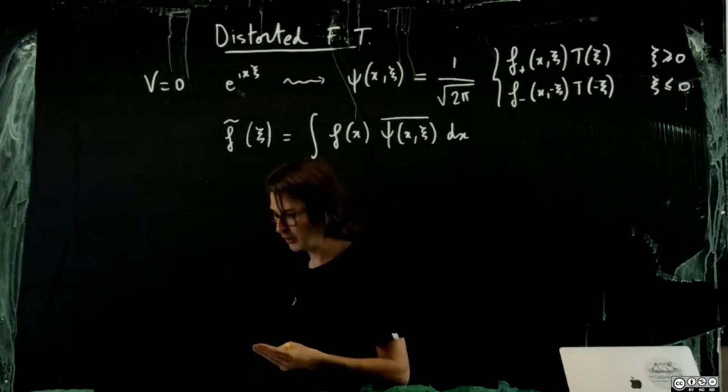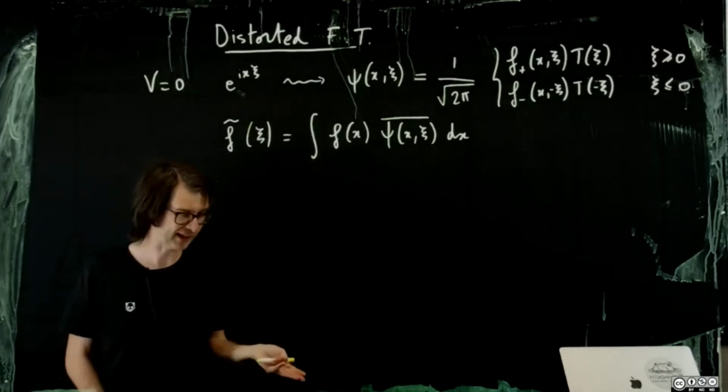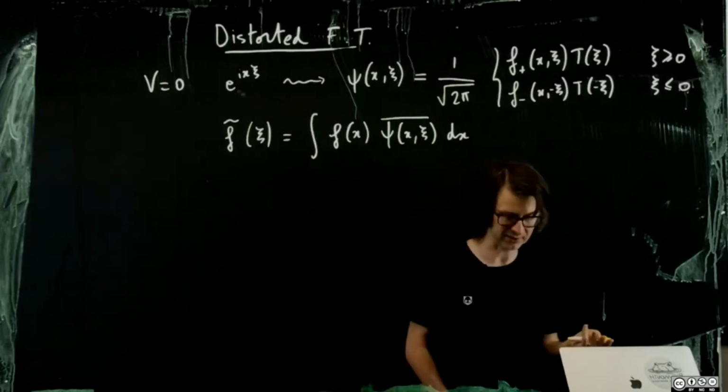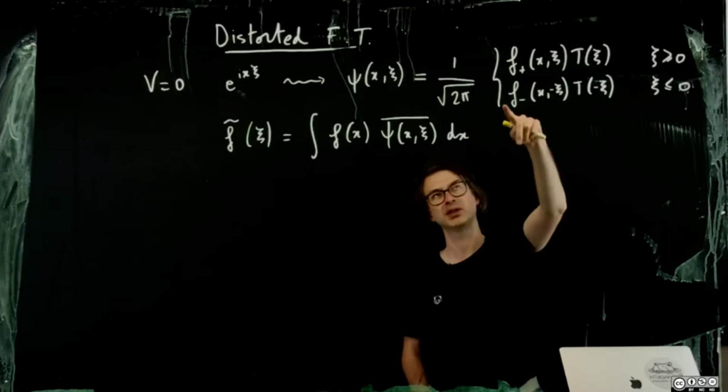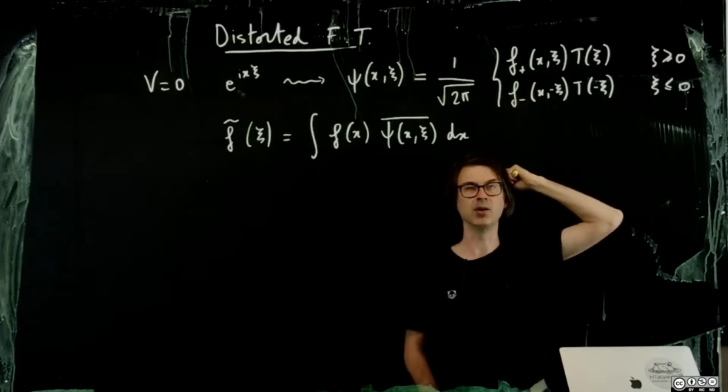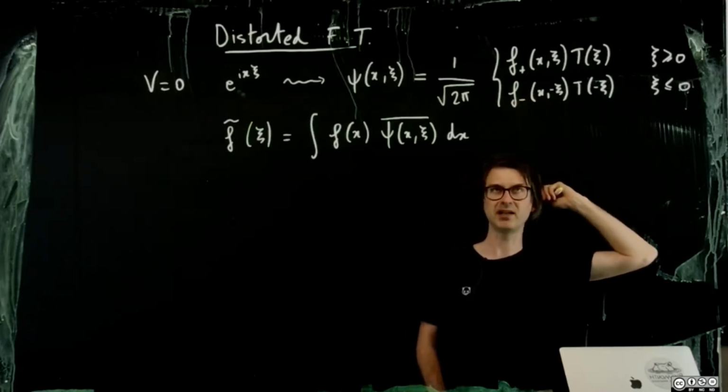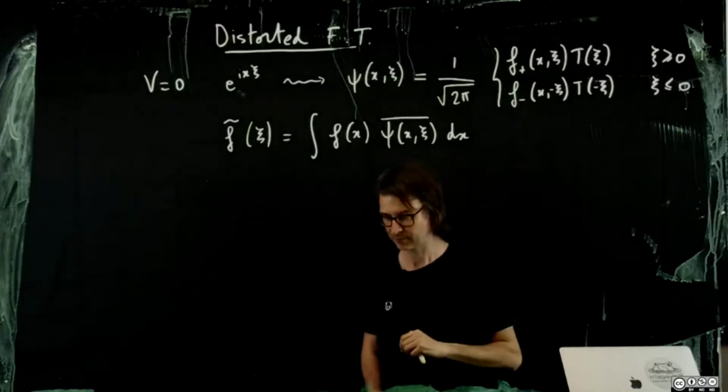But you could just as well choose sine of xi x and cosine of xi x as a basis. Same thing here. You have several possible bases, but this one is good. Maybe I'll try to explain why.